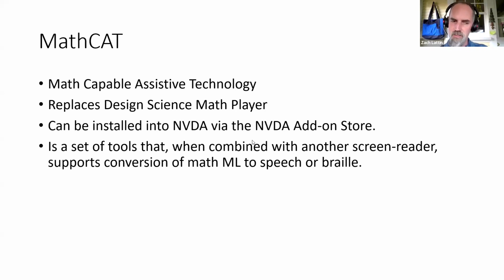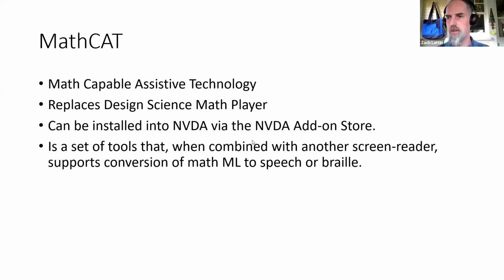And MathCat is a set of tools that, when combined with another screen reader, supports conversion of MathML to either speech or Braille. So MathCat is the magical thing that makes math on the web talk. And actually, I saw Neil Soifer present on MathCat at Accessing Higher Ground, and he did the bravest thing I've ever seen.